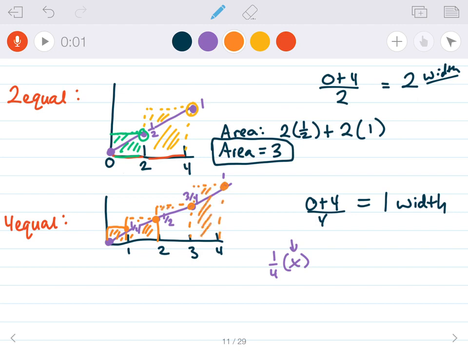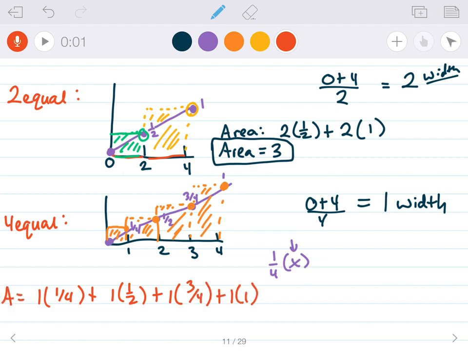Okay, so let's find the area of those rectangles. So the width of each of these is going to be 1. So for the first rectangle, width of 1, the height is a fourth, plus, again, 1 times a half, plus 1 times 3/4, plus 1 times 1.